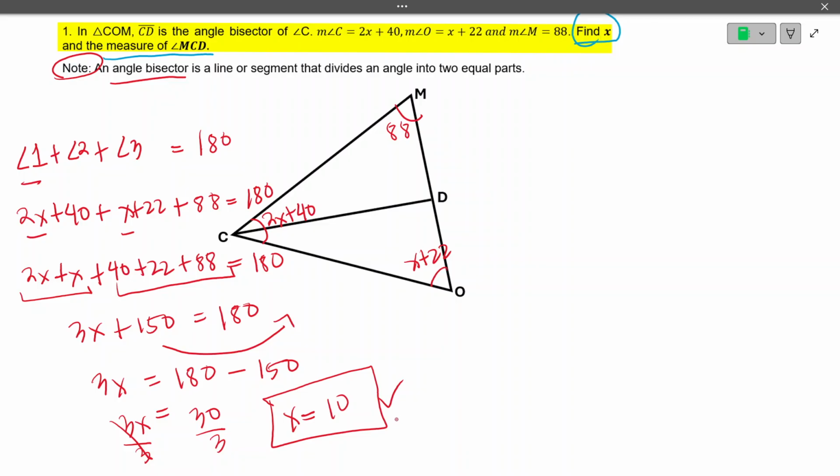After obtaining x, we shall find the value of angle C. The measurement of angle C is 2x plus 40. Now, 2 times 10 plus 40. What is 2 times 10? It's 20, plus 40.